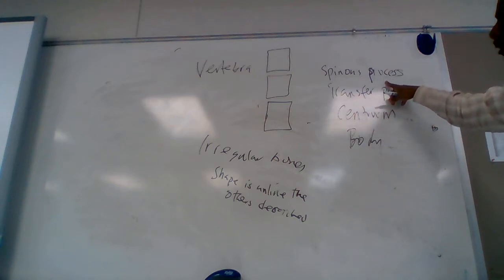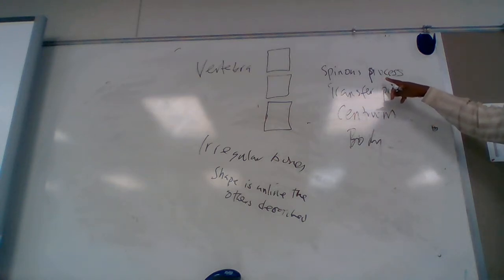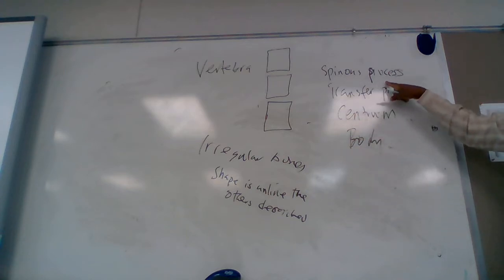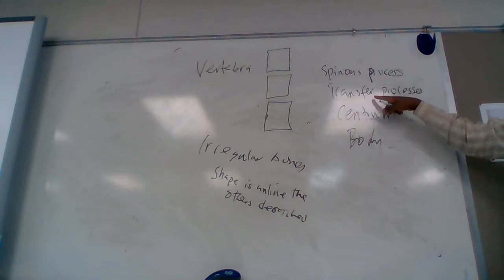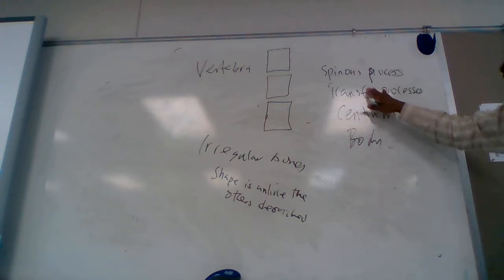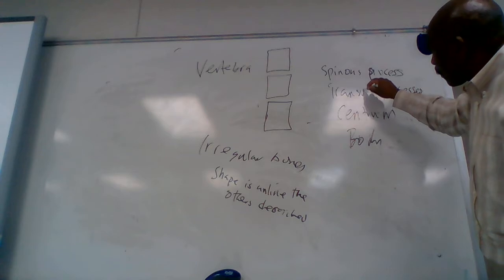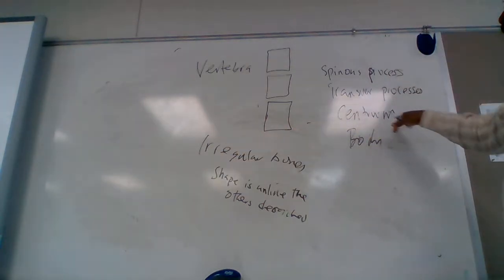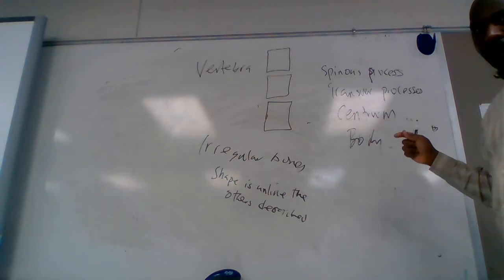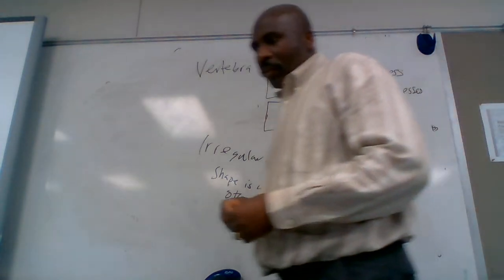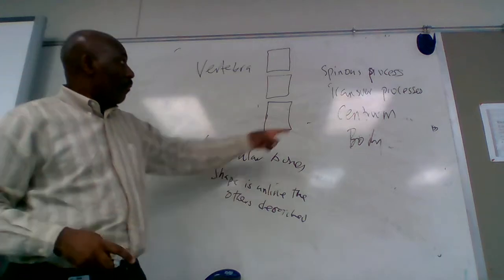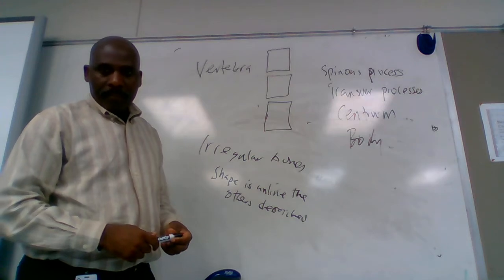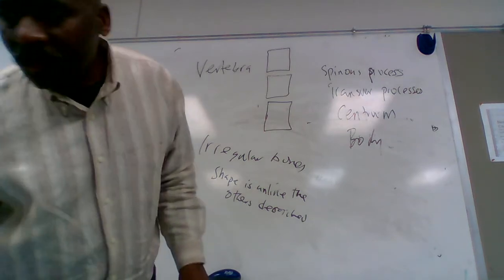You have to recognize a vertebra, which is an example of an irregular bone. Again, you can check your notes or your textbook for a diagram of a vertebra. All right.